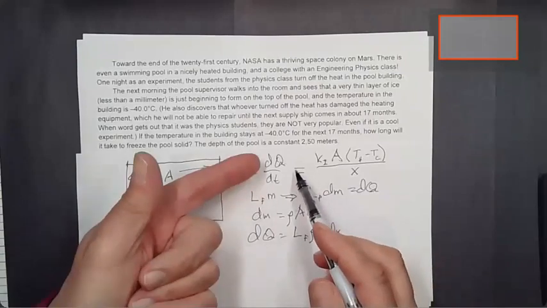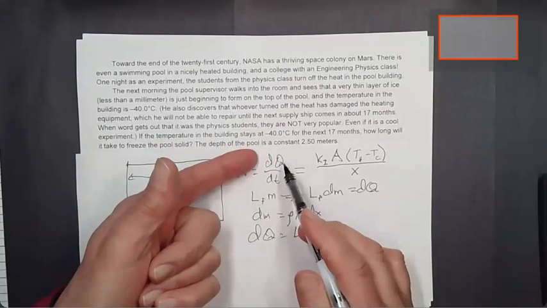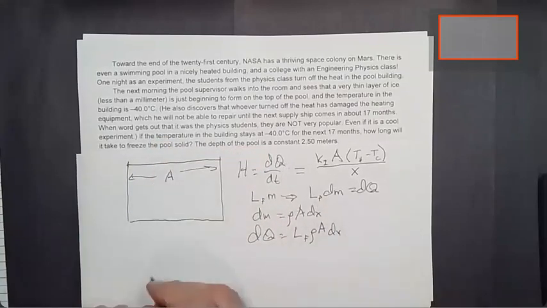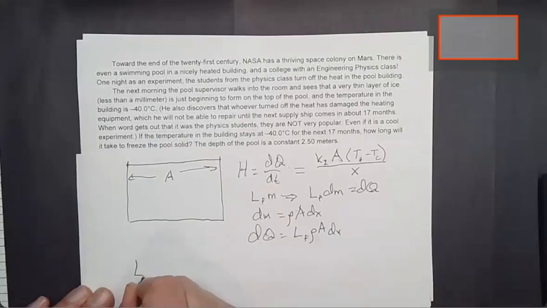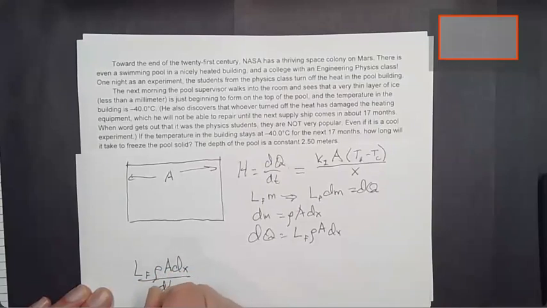And I'm interested in dQ/dt, so I take this and stick it on top of that. This is the process that I went through the other day as well. So I'll have L_F rho A dx over dt.